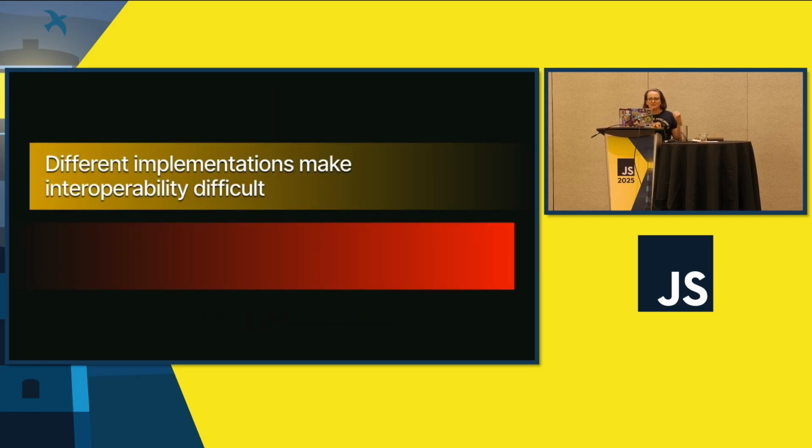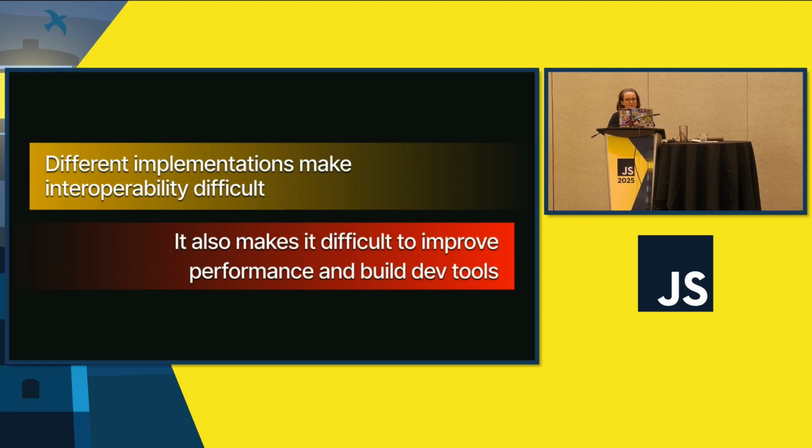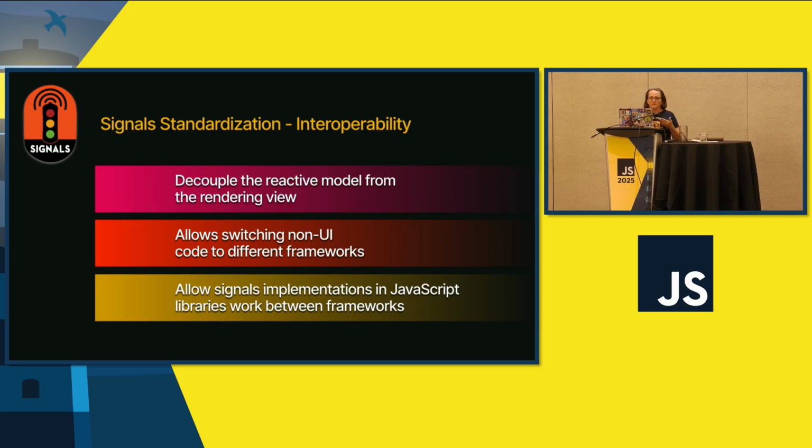The problem with all these different implementations, these crabs and almost crabs, is that it makes it really difficult to do interoperability. It also makes it really difficult to improve performance and build dev tools. Why would Chrome or any other browser take the time to develop a tool specifically just for one framework's implementation of signals? So the signals standardization for interoperability wants to decouple the reactive model from the rendering view.